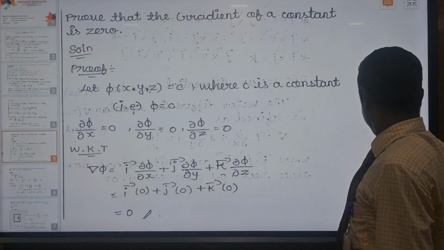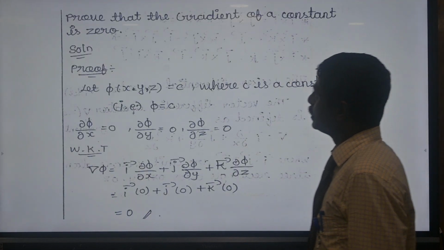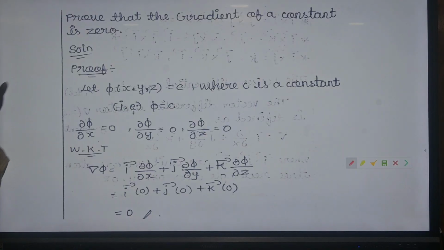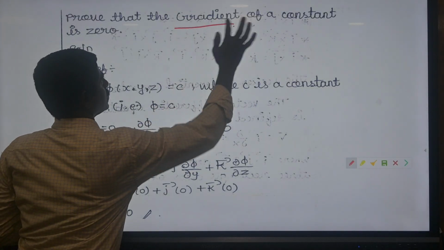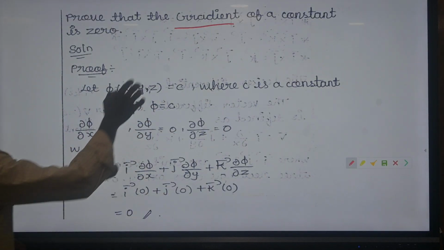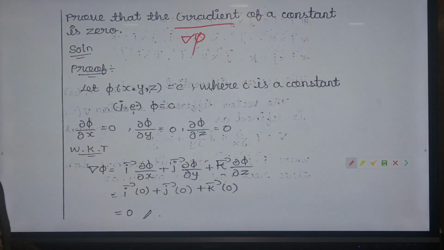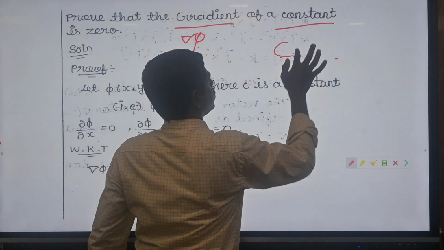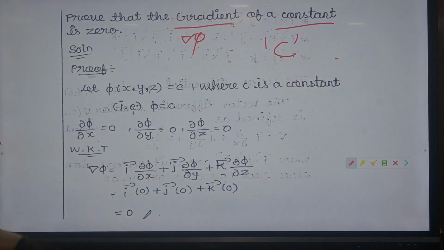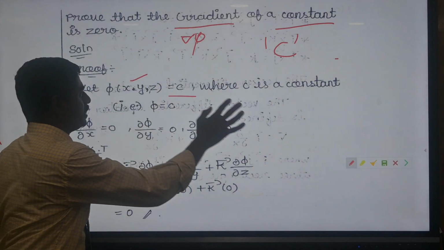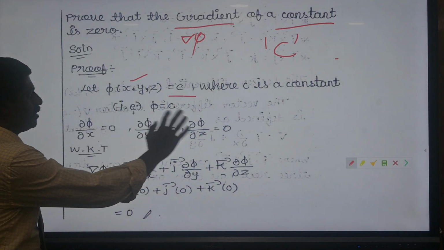Let's prove that the gradient of a constant is 0. What is the gradient? Gradient is nothing but del phi. Here we have to prove the gradient of a constant. We take the symbol for constant as c. Let phi of x, y, z be a function of three variables. Here the constant is c, so simply we can write phi equal to c.